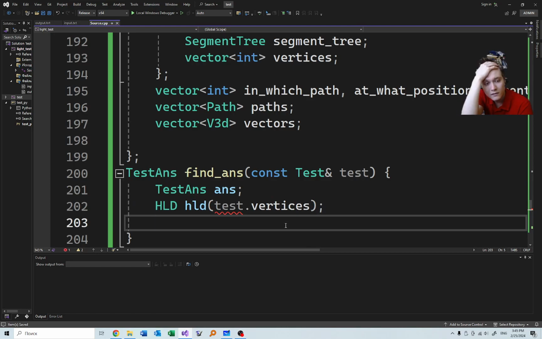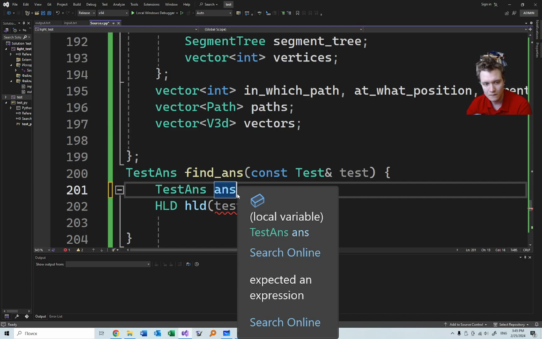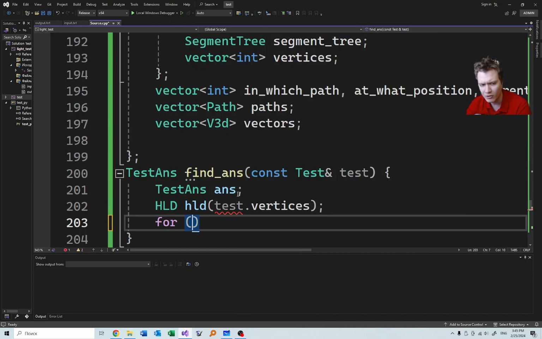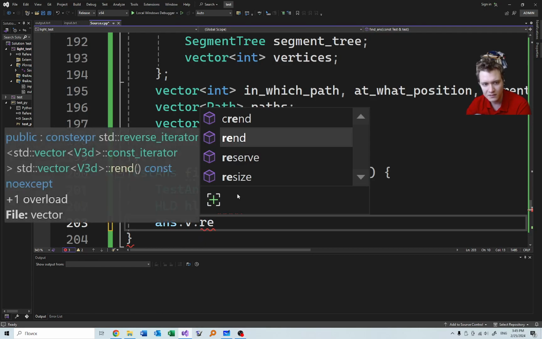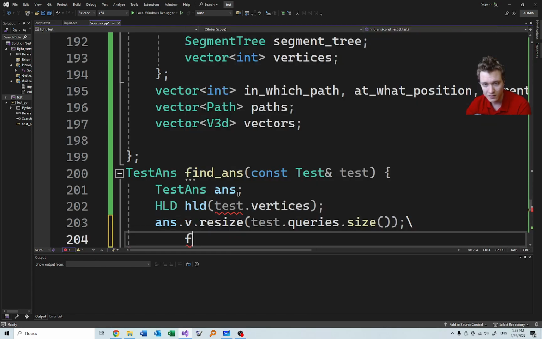And after that, we need to iterate our queries. Okay, we can do it quite naively. We can say ans.v.resize test.queries.size.